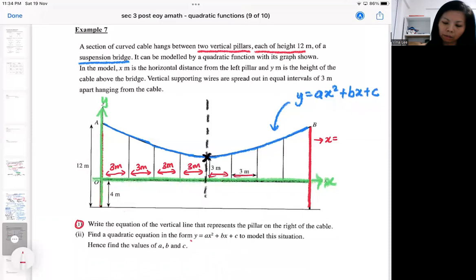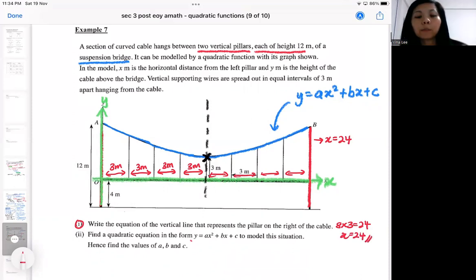If you do that, you will have 8 sets of 3 meters. So the equation will be x equal to 24. You cannot just put 24; to match a vertical line, the equation has to be x equal to a number. So the equation that we're talking about is x equal to 24.